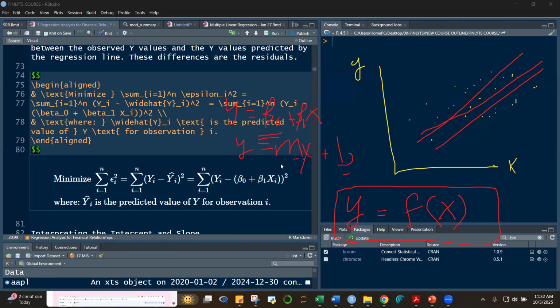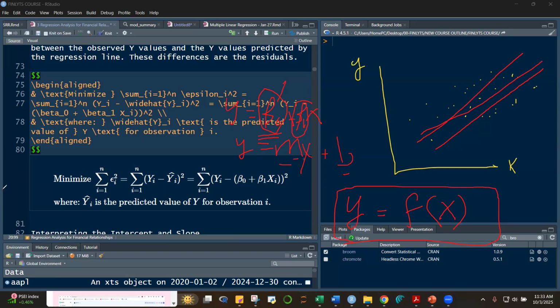Beta 1 is your slope. So we would like to develop this by determining the parameters, beta null and beta 1. That's what you mean by developing the association or coming up with a relationship between y and x: being able to determine the parameters.